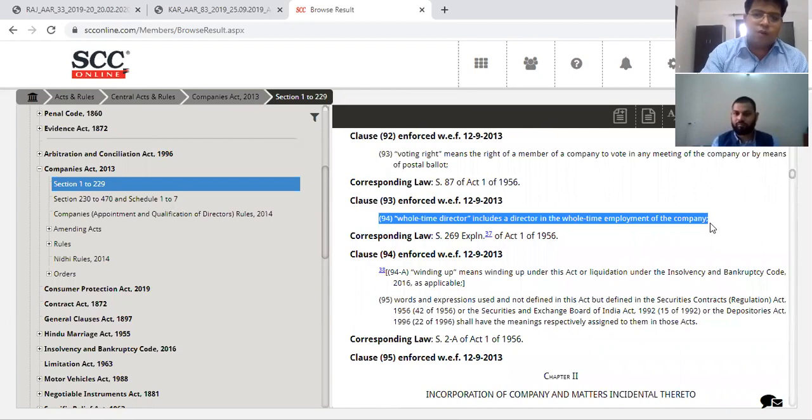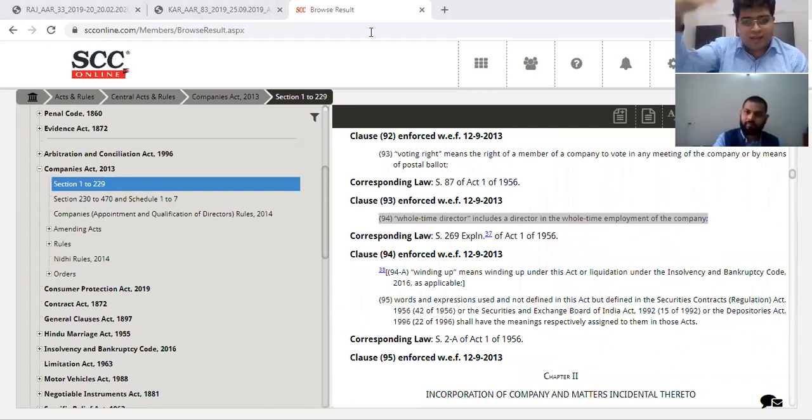The advance ruling authorities understood only a part of it and subsequently passed a ruling which doesn't make much sense in law, which is quite incorrect in law, contrary to Supreme Court judgments, those passed by a three-judge bench of the Supreme Court. So, coming to the definition of full-time director, section 2 clause 94 includes a director in the full-time employment of the company.